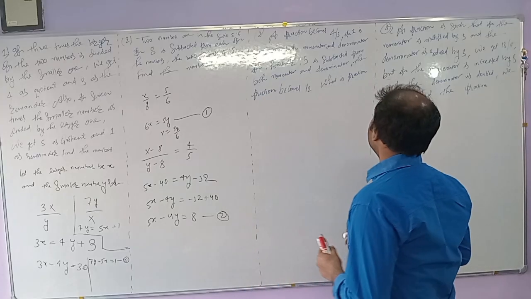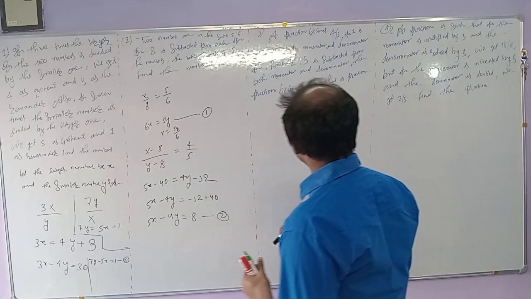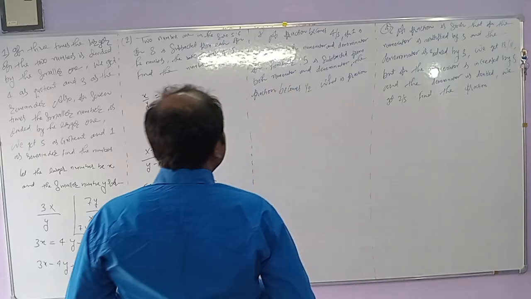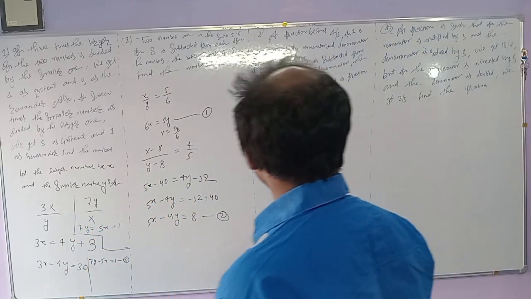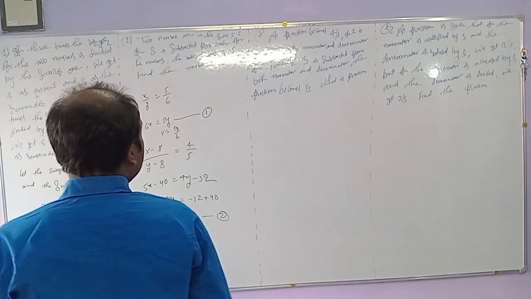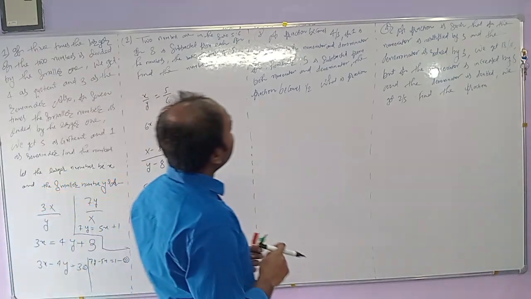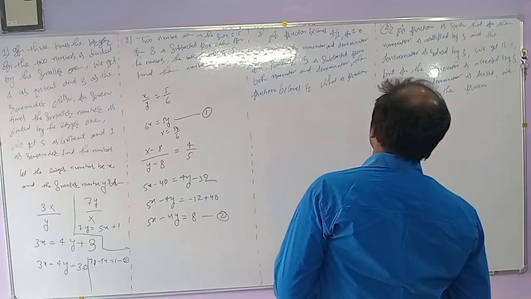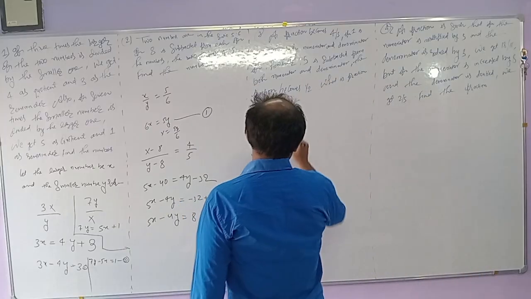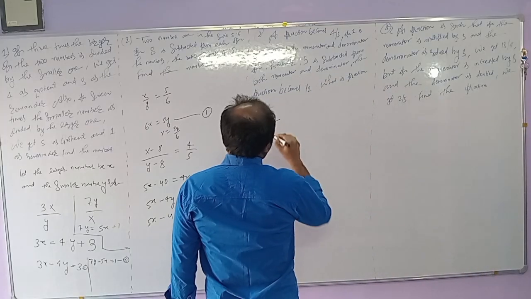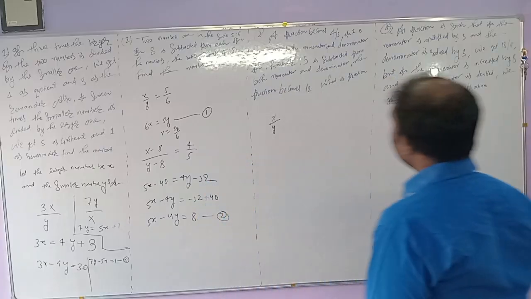If, however, 5 is subtracted from both numerator and denominator, the fraction becomes half. What is the fraction? The fraction becomes 4 by 5 if 1 is added to numerator and the denominator. Let numerator and denominator be x upon y.